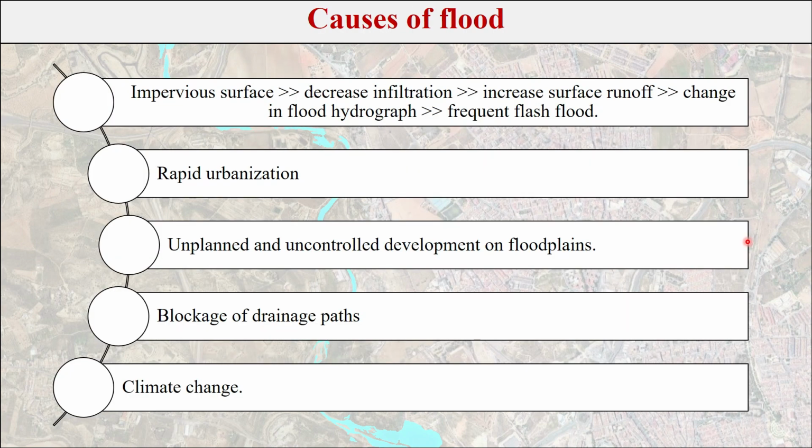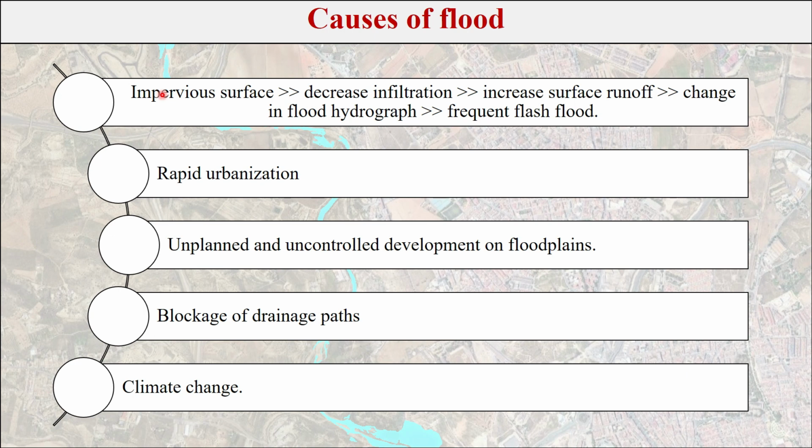Now we have to know about the causes of the flood. The main cause of the flood is rapid urbanization. Due to rapid urbanization, most of the surface gets impervious, and there will be a decrease in the infiltration, because we use bitumen for road construction and concrete for the construction of other different structures.